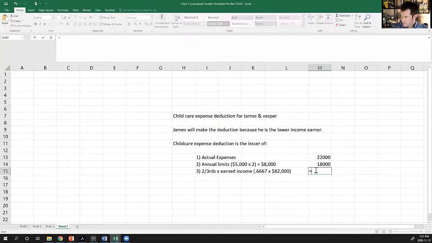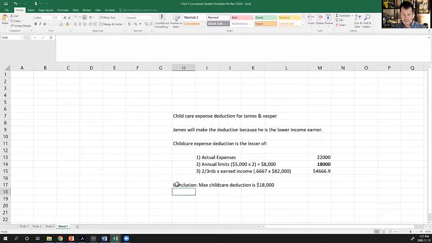Hey, what's the maximum child care deduction? It's the lesser of those three things. So conclusion: max child care deduction is 18 grand. Yay, that's it.